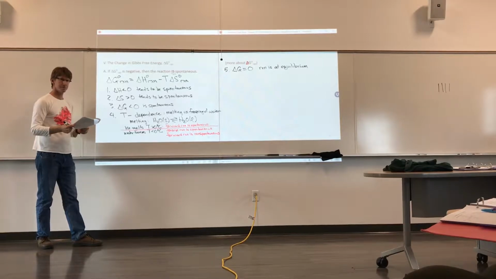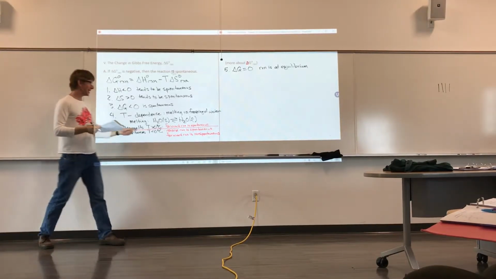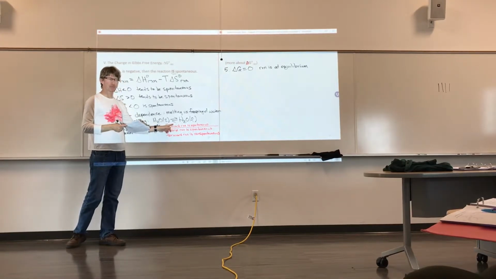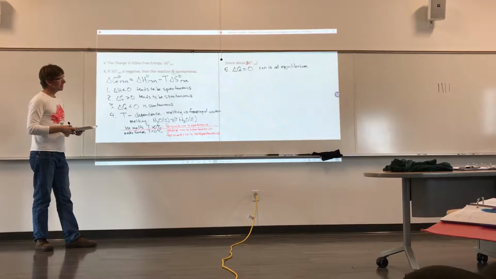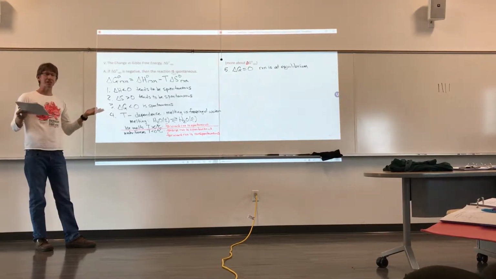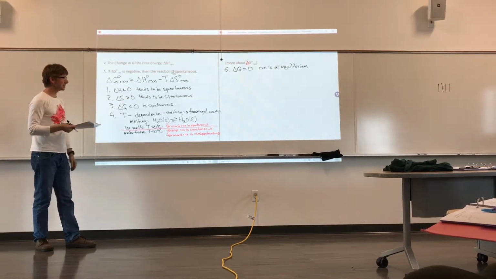So which one's spontaneous? Question: which one's spontaneous? Well, the reaction's at equilibrium, meaning that it's not changing. So that's what it means.